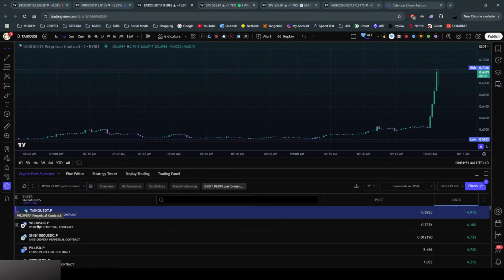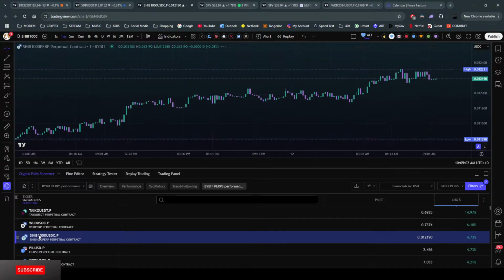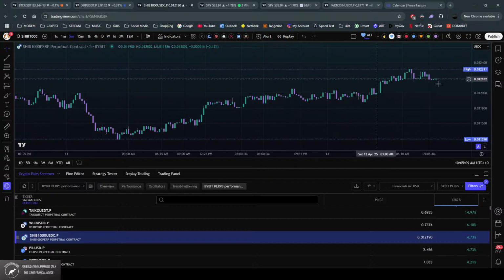WLD, I think that's Worldcoin. Shiba, SHIB is up out of the gate. I think that's Shiba. Is that right? I don't think so. No, that can't be right. Maybe this needs updating. These percentages aren't moving actually.